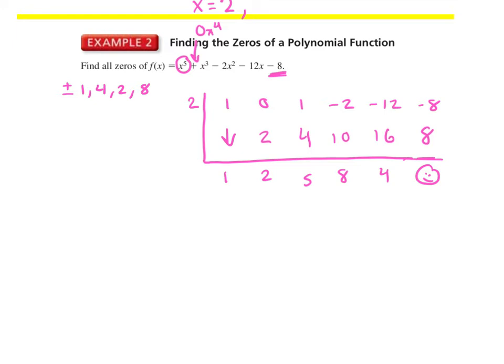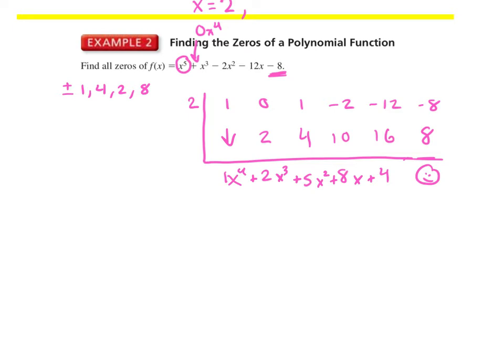Turn it into a polynomial. So what's our first x degree going to have? 4, because we started with x to the 5th, so this has to be x to the 4th plus 2x cubed plus 5x squared plus 8x plus 4.